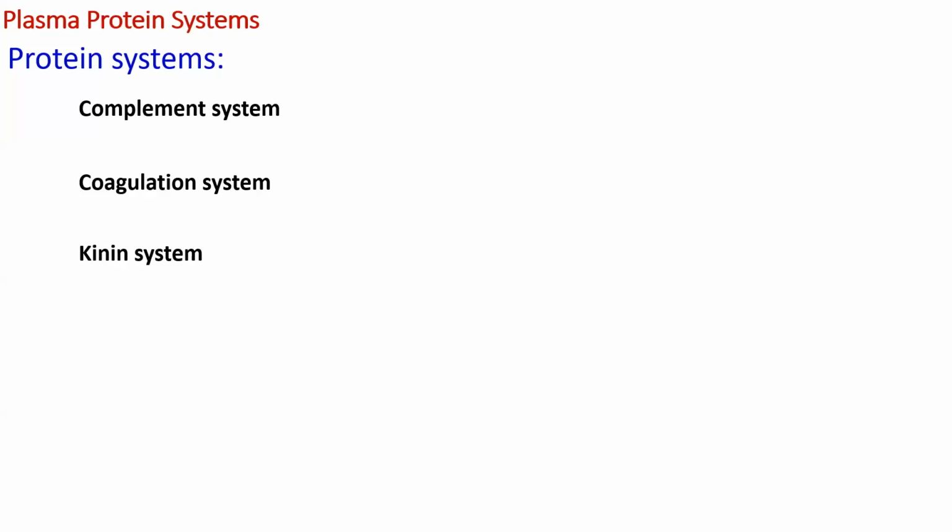It forms a clot that stops the bleeding, and it will provide a framework for repair and healing. And the main substance is the insoluble protein, which is the fibrin.